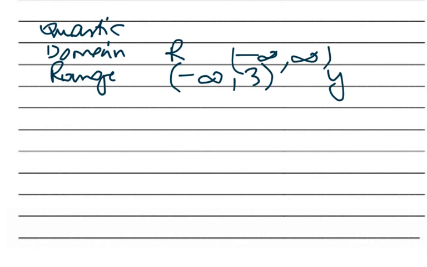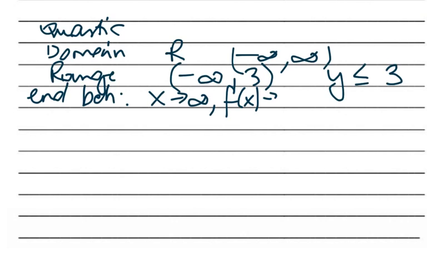Another way to write it, y is going to be less than or equal to 3. End behavior: at the right end, the graph is approaching negative infinity, and at the left end, the graph is also approaching negative infinity.